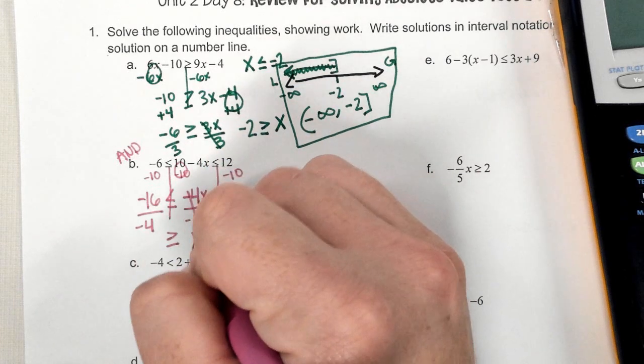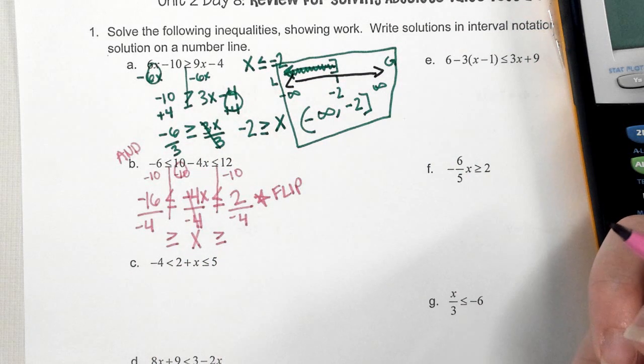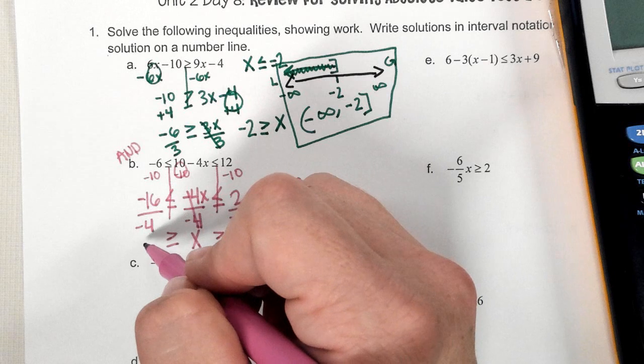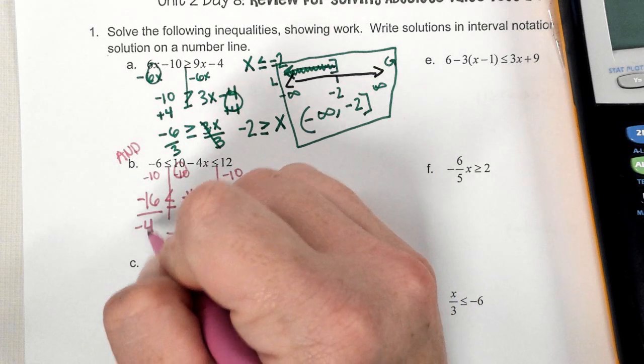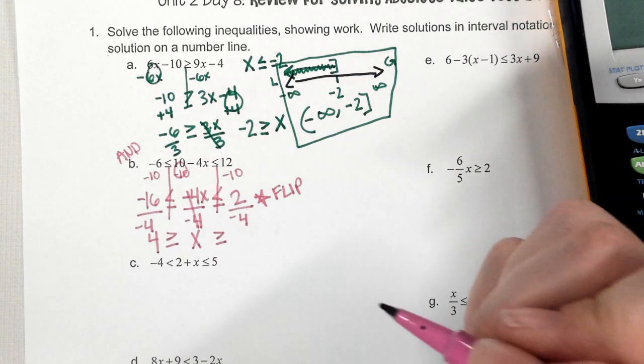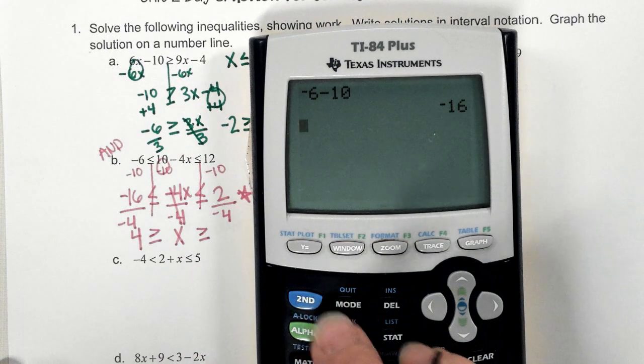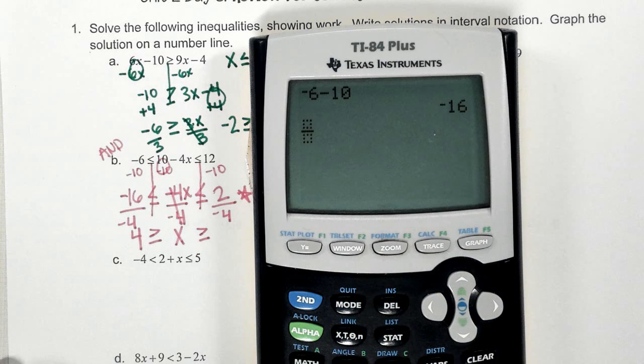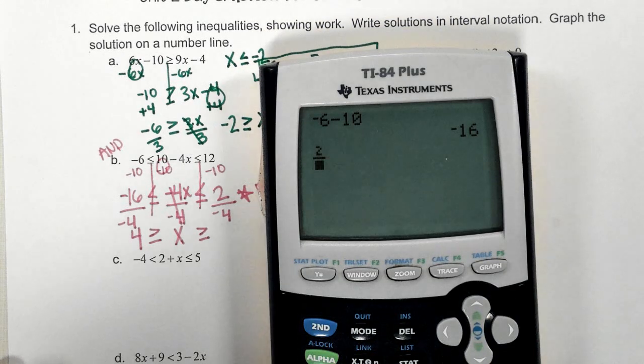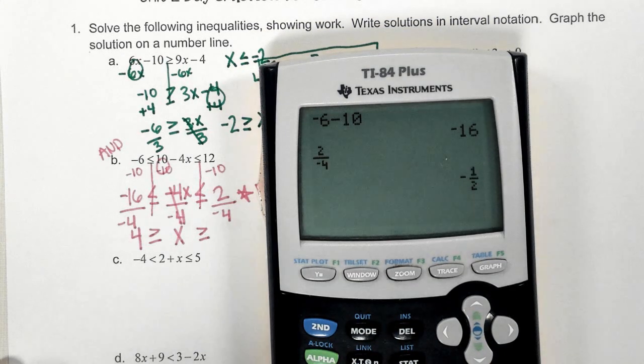This cancels because I divided everything by a negative, so I had to flip both. Negative 16 divided by negative 4, well, two negatives makes a positive. 16 divided by 4 is 4. And 2 divided by negative 4, if you struggle with simplifying fractions, you can type it in your calculator as alpha y equals enter, 2 over negative 4, and it tells you negative a half.